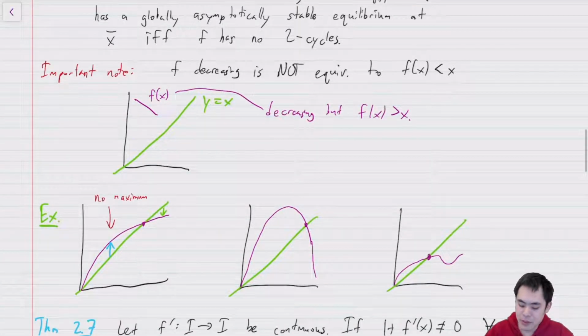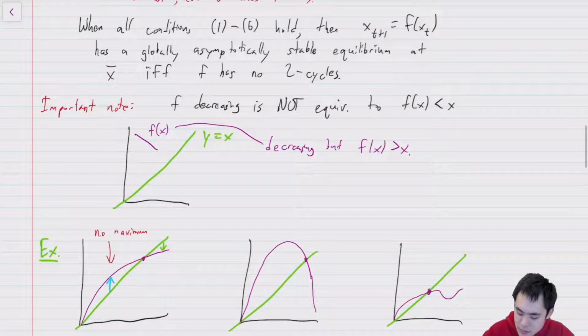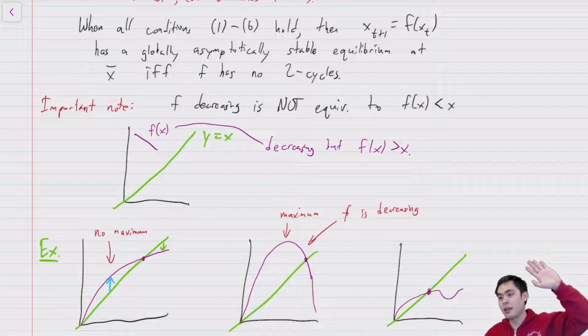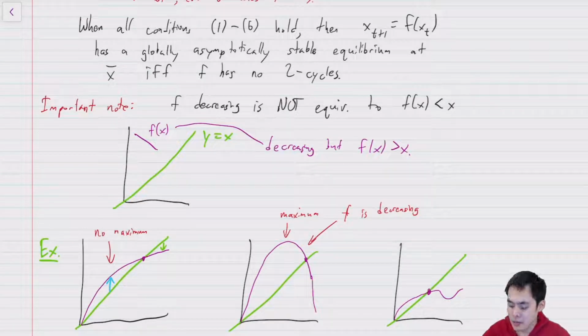And you notice the same over here, we have a maximum, and f is decreasing afterwards. And of course, you still have it above the line on the left and below the line on the right.